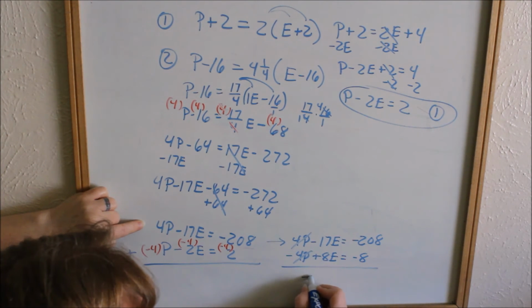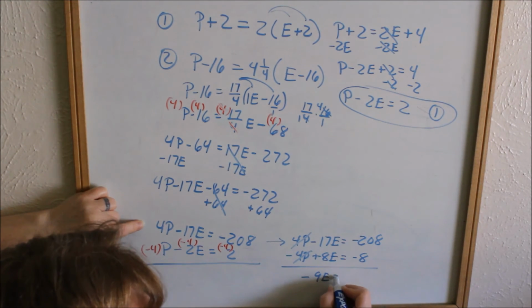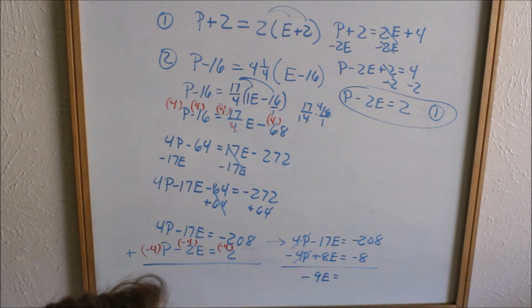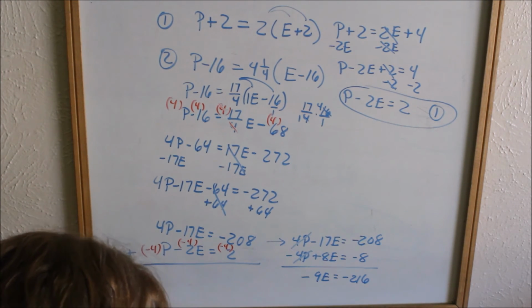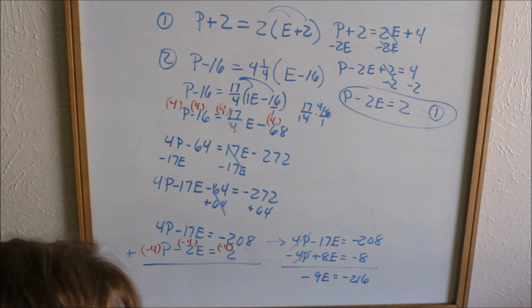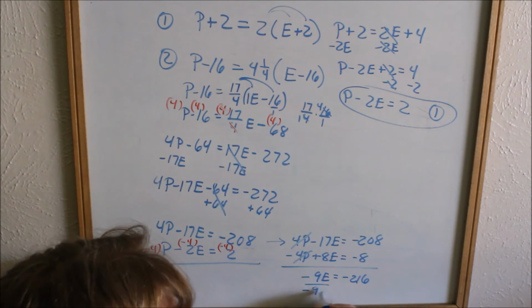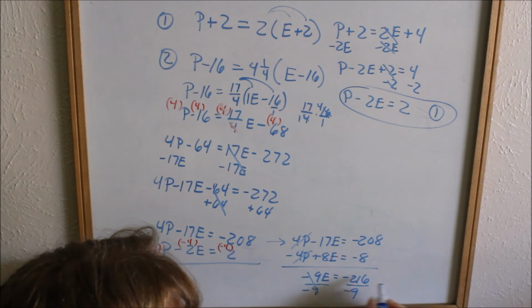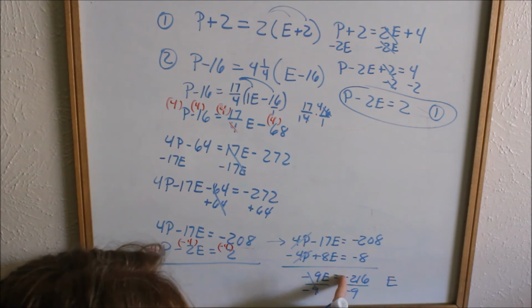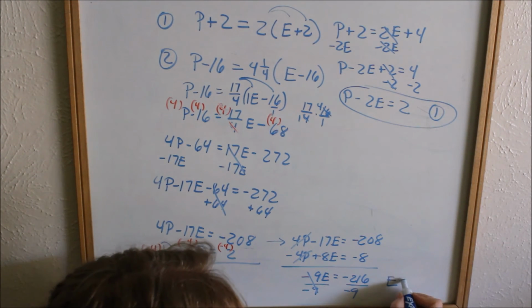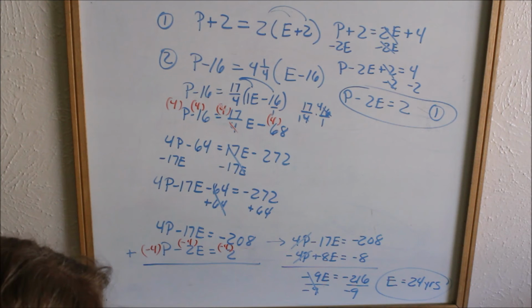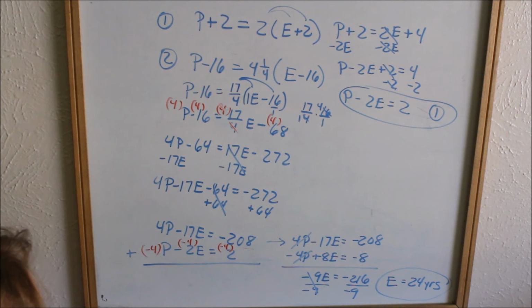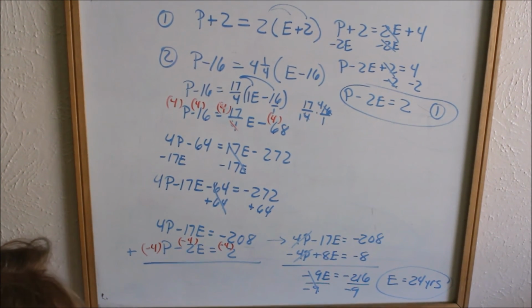Those cancel, this becomes a negative 9E, and that becomes negative 216. Dividing both sides by negative 9. A negative divided by negative is a positive, and 216 divided by 9 is 24. So Evan is 24 years old, because that's what E represents, how old Evan is now.